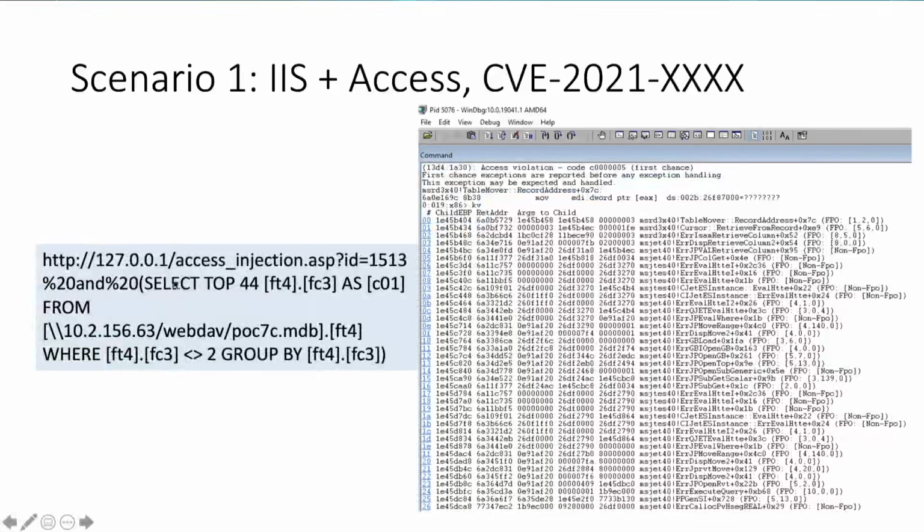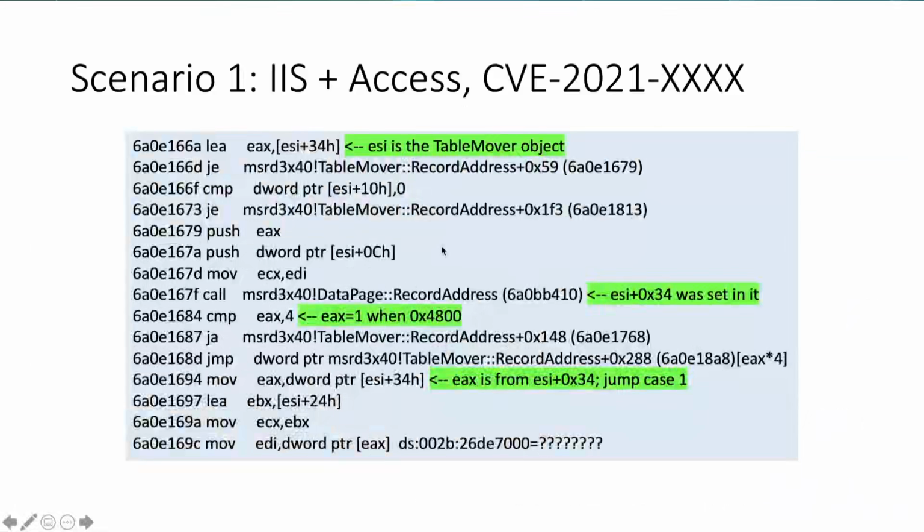You can see only one select query is injected with the SQL injection, and it will execute the SQL query on the remote external database on the WebDAV server, and it successfully caused the IIS crash. Let's analyze this vulnerability briefly.